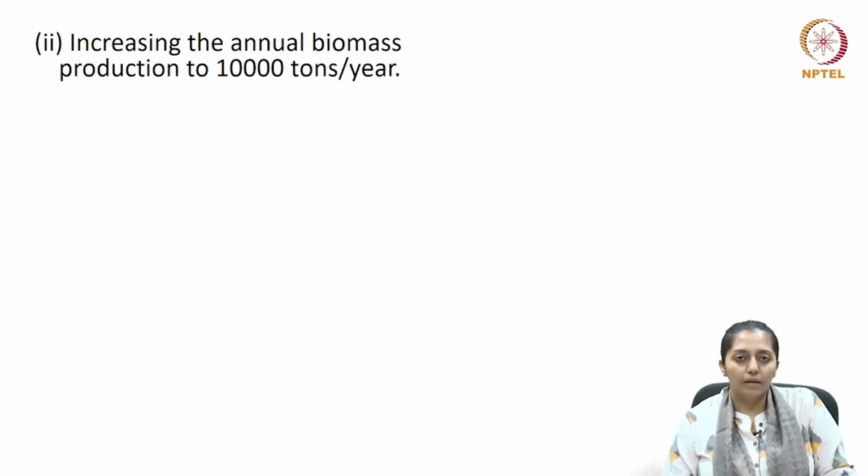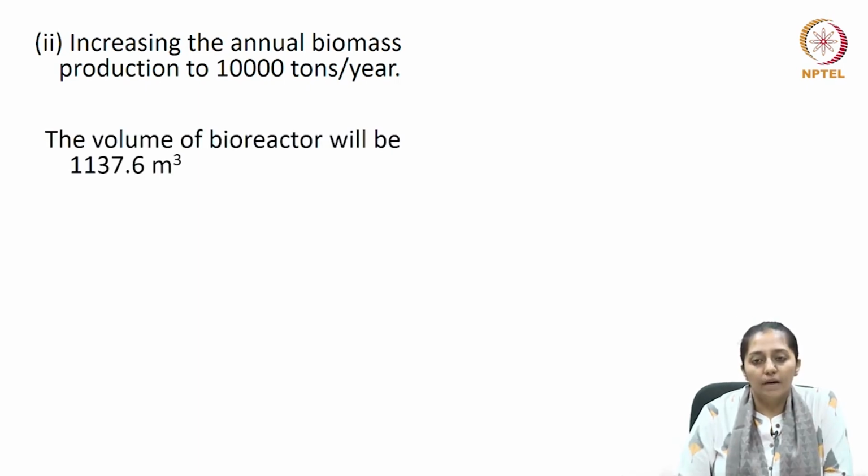In the second part of the question, it was asked what size of the reactor should be chosen if the demand of the biomass produced is raised to 10,000 tons per year.